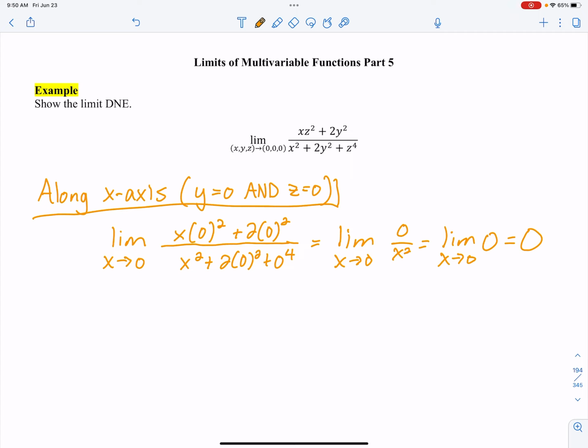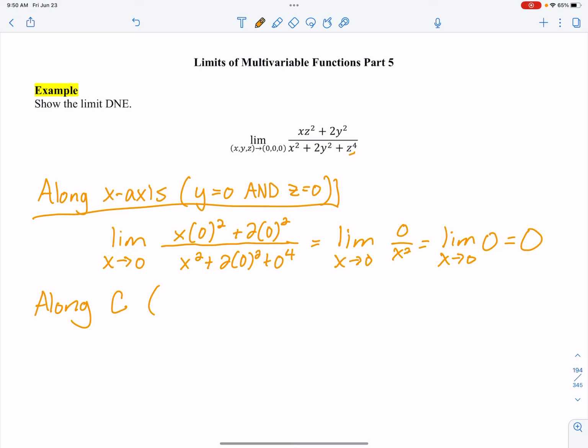So that's one path. The next path that we're going to try, we're going to create a path. So we'll call it C, and then we'll go ahead and define what C is. Again, I'm looking at my denominator, and I'm trying to match things. Remember, we're going to call x something of t, y something of t, and z something of t.